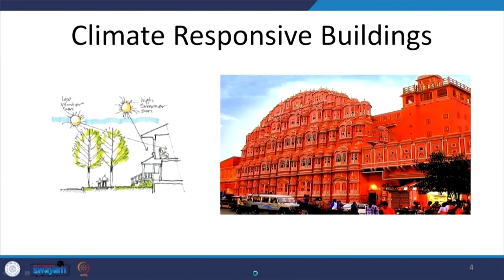For example, for a climate responsive building, Hawa Mahal is an apt example. Now, Hawa Mahal, though it is resource intensive because it uses stone extensively, creates an absolutely comfortable environment indoors because it responds to the climate.